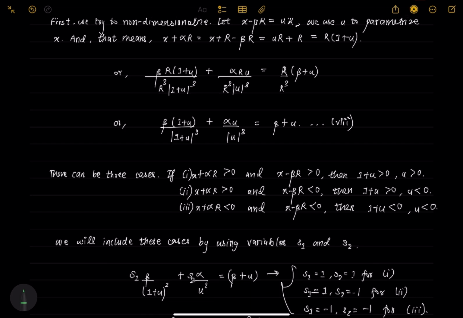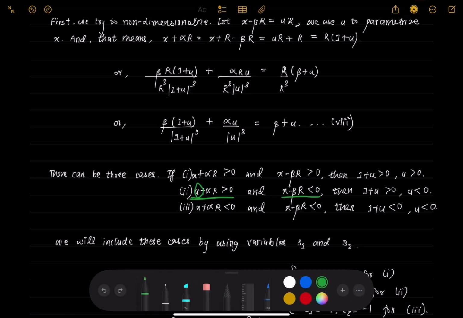If we consider another case where x plus alpha r is positive, but x minus beta r is negative, that is a very valid case. You add something to x that might be positive, but then you subtract something from x, and it's a substantial value, by the way, because beta is very close to 1 as given in the approximation. It's a very substantial value that you're subtracting.